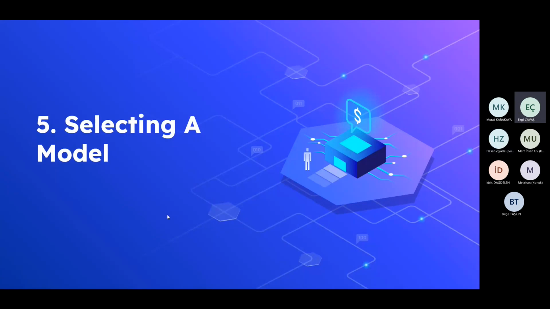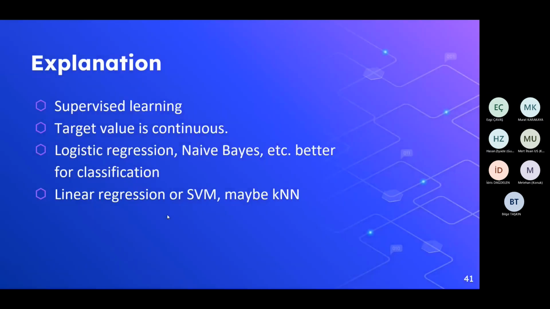Then we had to select a model. Since it is supervised learning we are doing and our target value is continuous, logistic regression, naive Bayes, random forests, these are better for classification, at least as I researched, that's what it told me. So we decided to use linear regression, SVM, and KNN.